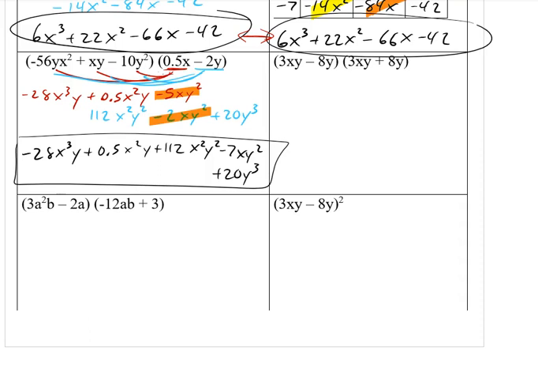For the next one, distribute. You can FOIL. This gives me 9x squared y squared plus 24xy squared.